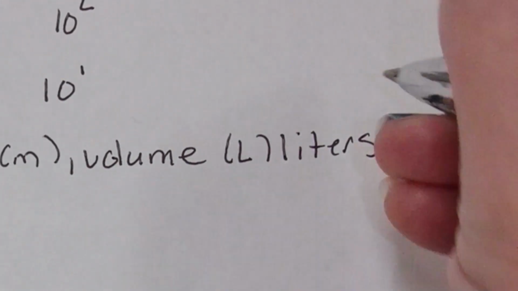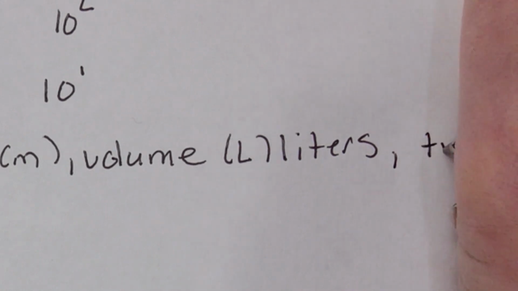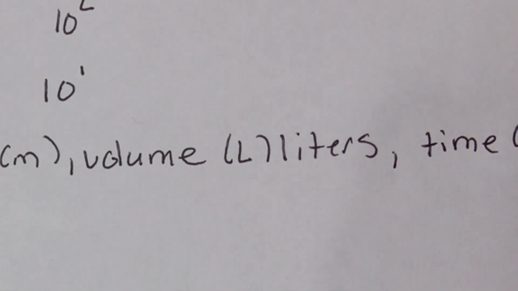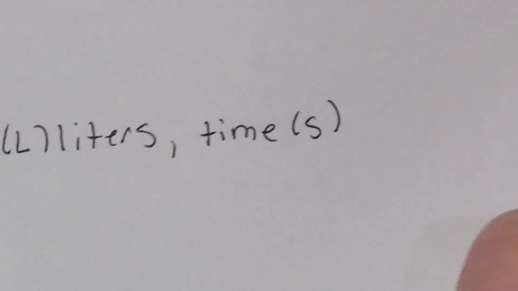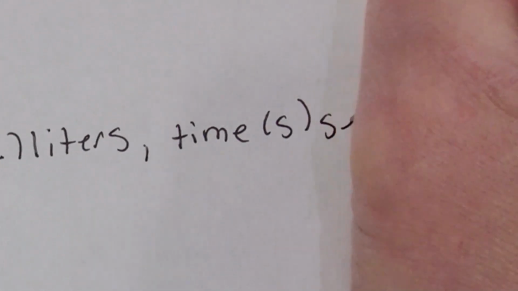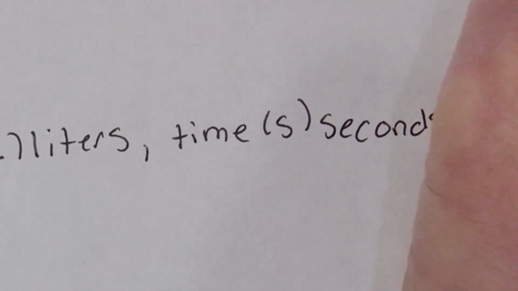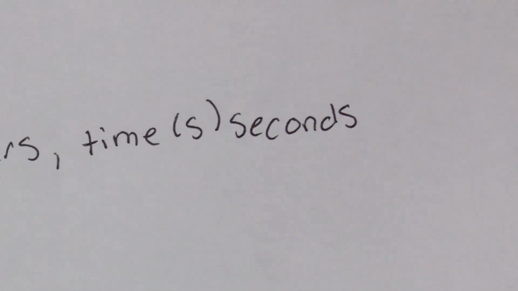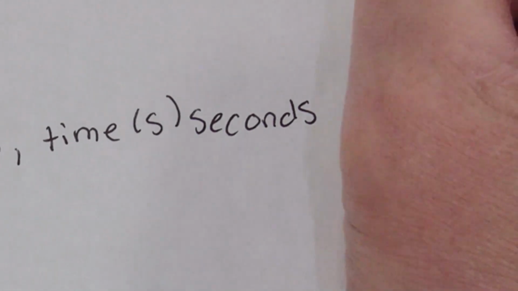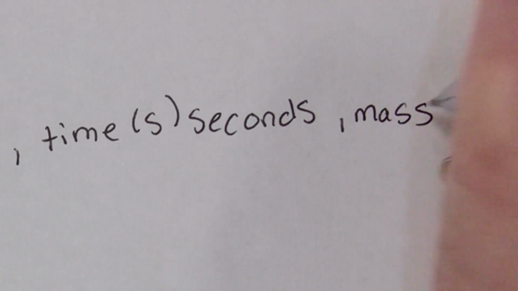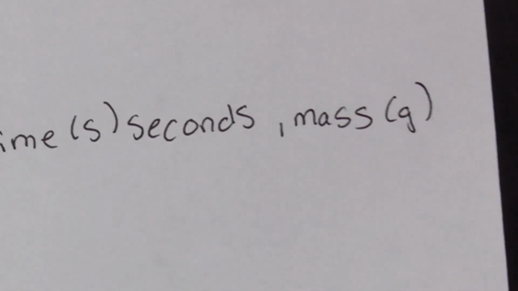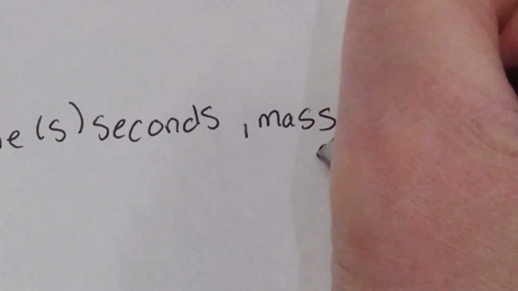If we were looking at time, we would use S for seconds. And if we were dealing with mass, we would use G for grams.